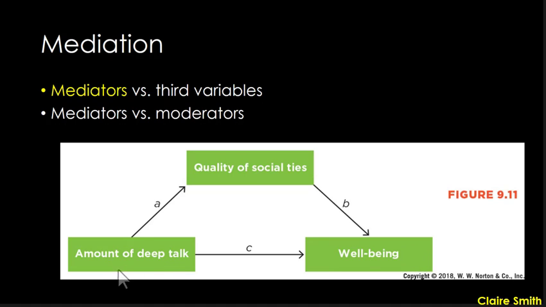The more deep talk a person has in the relationship, the more well-being they have, right? But why? A mediator is something that explains why this is changing. The amount of deep talk actually is leading to stronger social ties, and the quality of social ties leads to overall well-being, right? So that's a mediator, a guy that's in the middle.